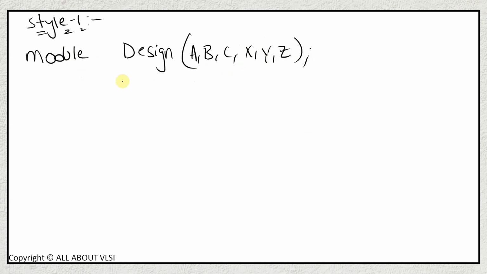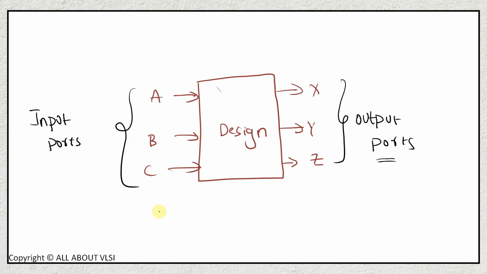And since this is style one, we are going to give the directions. If we want to mention input ports, the keyword we are going to use is, in small letters, input, and for output ports, the keyword we are going to use is, in small letters, output.